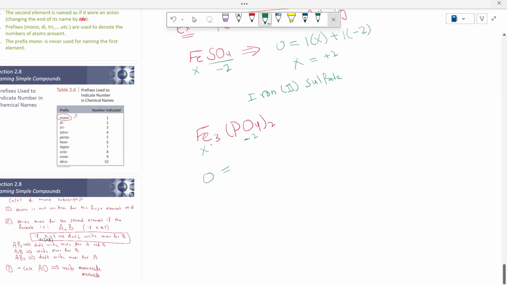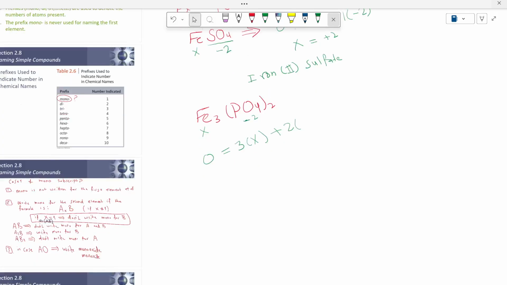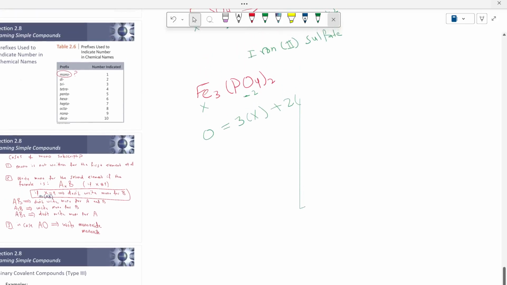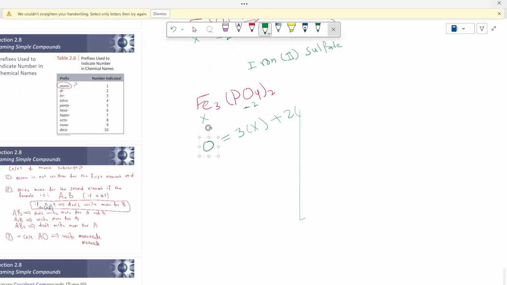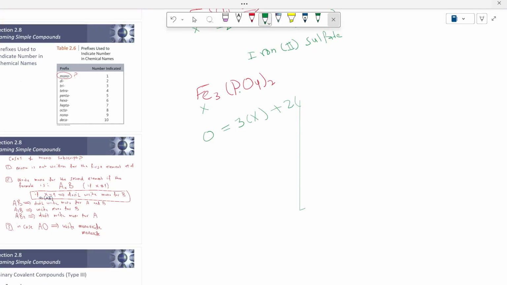We have 3 irons. Each one has a charge of X, so this is 3 times X plus. How many phosphate anions do we have in this compound? The answer is 2, because inside the bracket is PO4, 1 unit of PO4, and outside is 2. So we have 2 PO4 units, and each one of them has a charge of -3, not -2. From the table, this is -3. 2 times -3. When you solve it, you will find that X is +2.